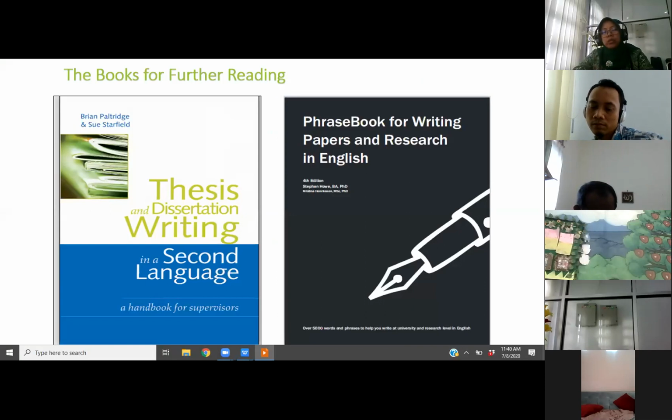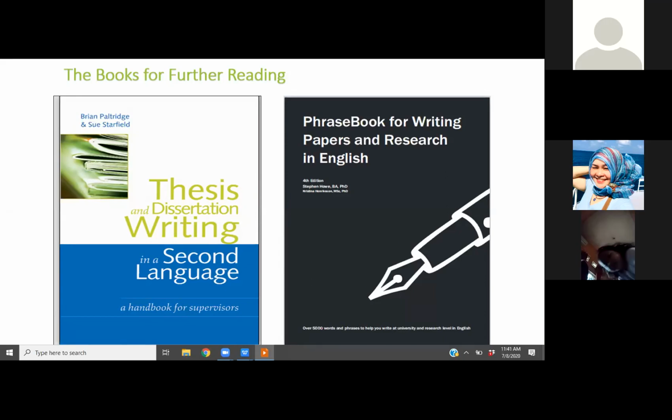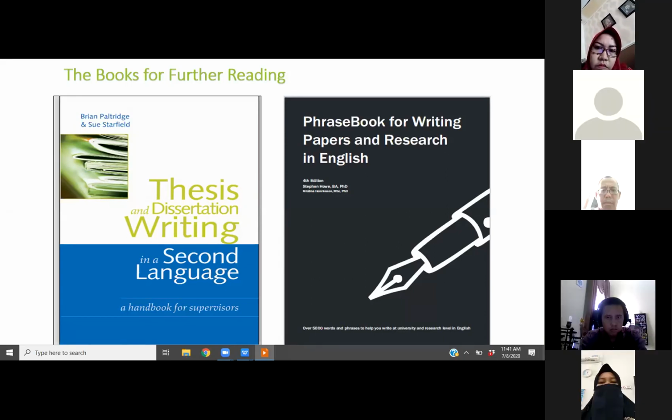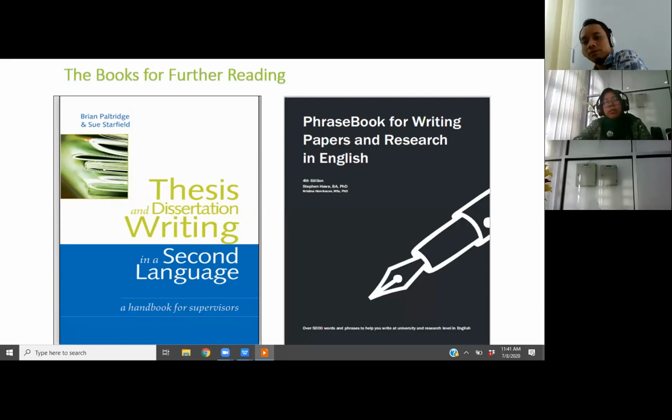And this is the book that I think every one of you should have. The S2 or S3 students, this book is very useful for you. The first one is the book from Paltridge and Starfield, Thesis and Dissertation Writing in a Second Language, a handbook for supervisors and also for the students. And then a fresh book for writing papers and research in English.